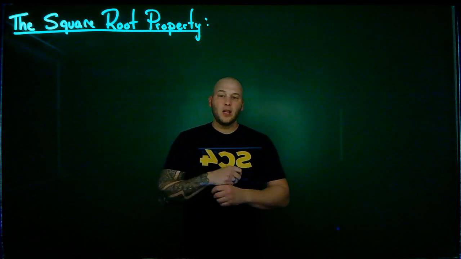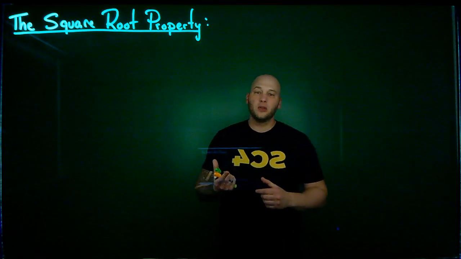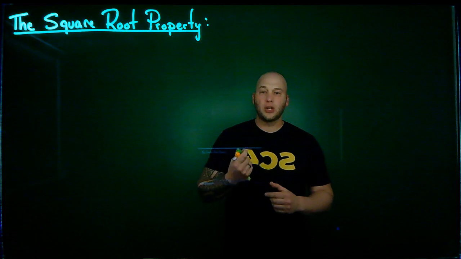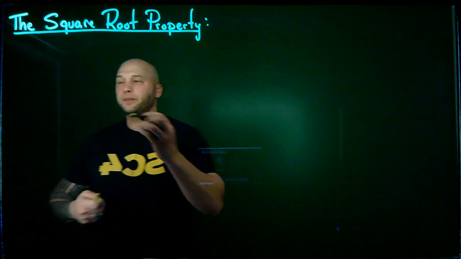Let's get into the current video. I want to take a look at what's called the square root property. This is something that you'll see when you start looking at solving quadratic equations. So here's the idea.